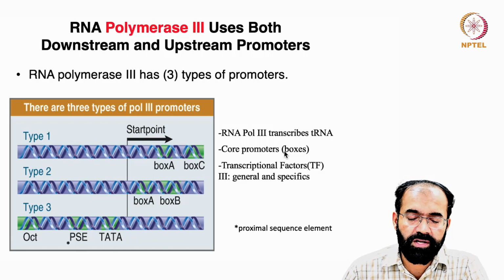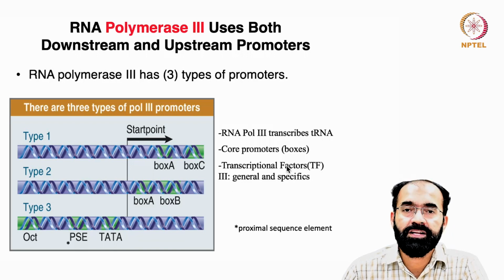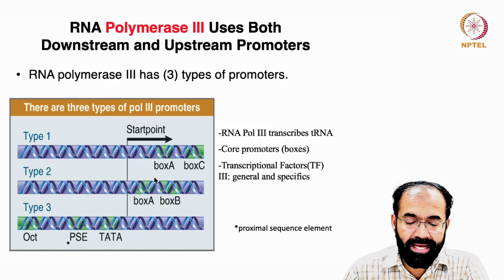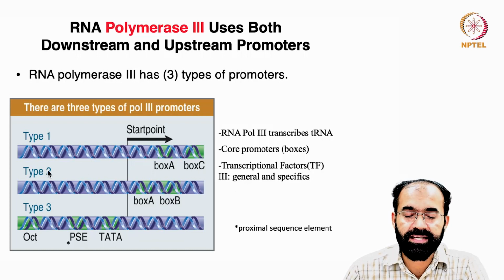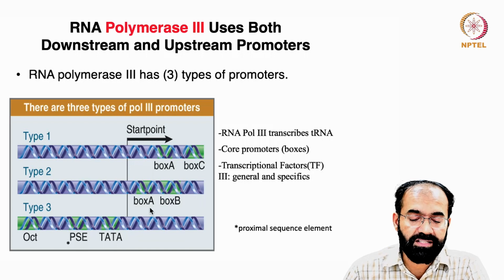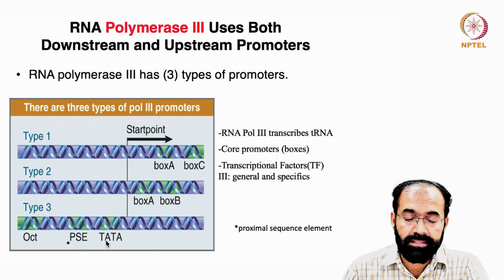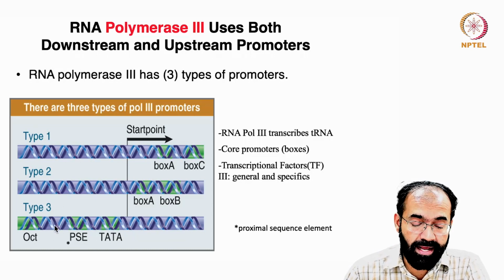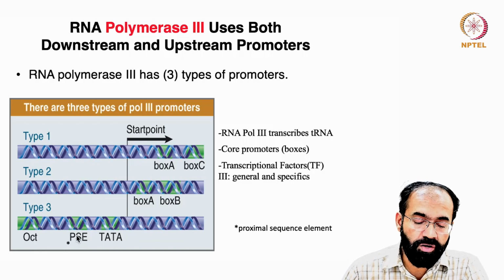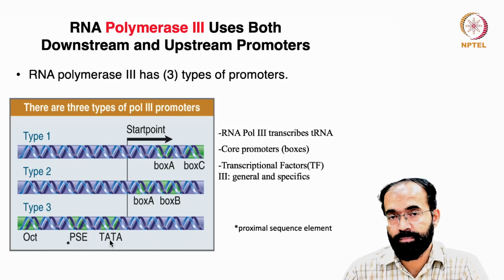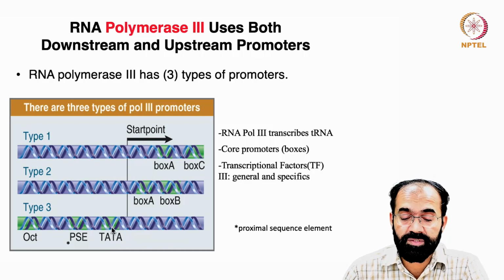The core promoter elements are seen under different names called boxes. Box A and box C are seen in type 1. Box A and box B are seen in type 2, and specific domains are seen in the case of type 3: an OCT domain, a PSE domain and the typical TATA box. They are seen in type 3.